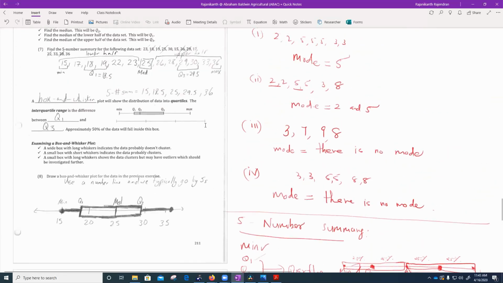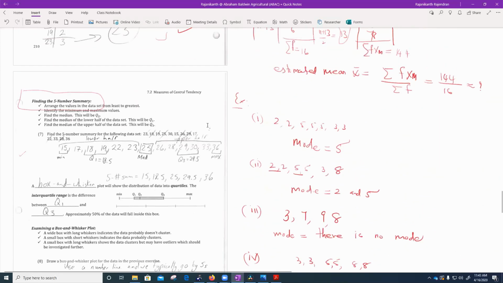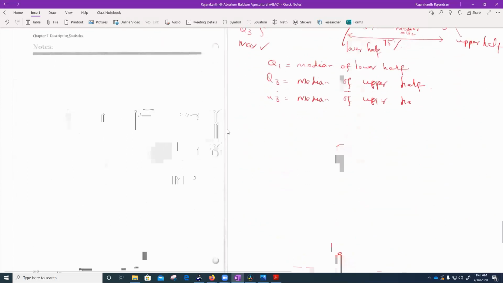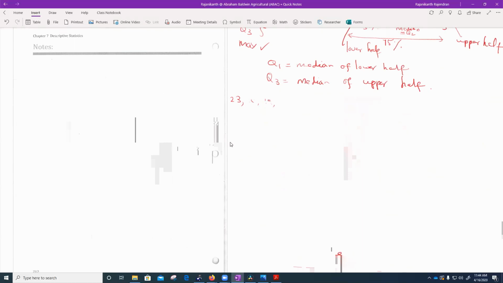I will explain. Let us do this problem. One of you has to tell me the numbers, and I am going to write them down here. Could you tell me? 23. What is next? 18. 19, 25, 30, 15, 26, 29, 17, 22, 33, 28, and 36.